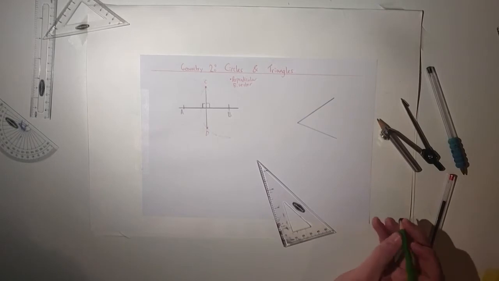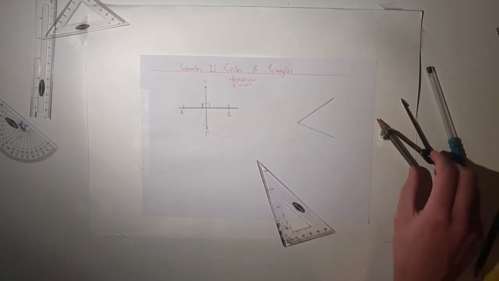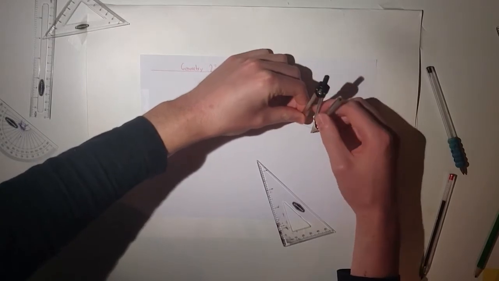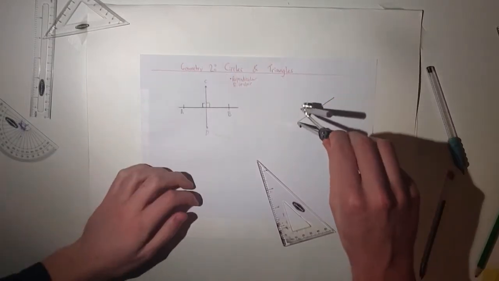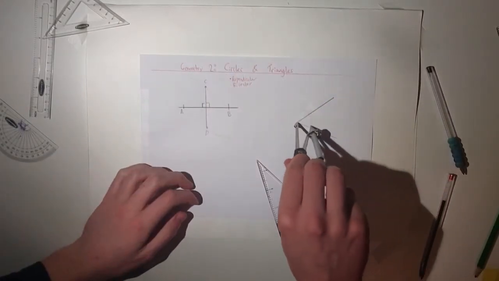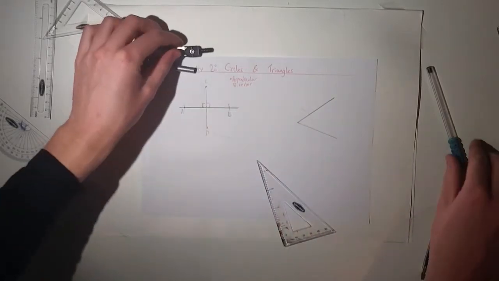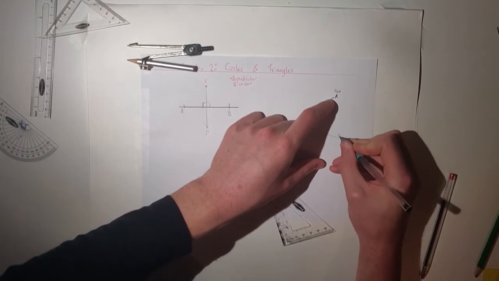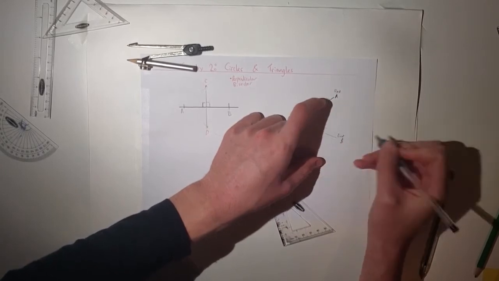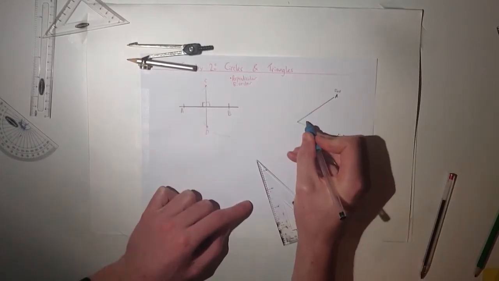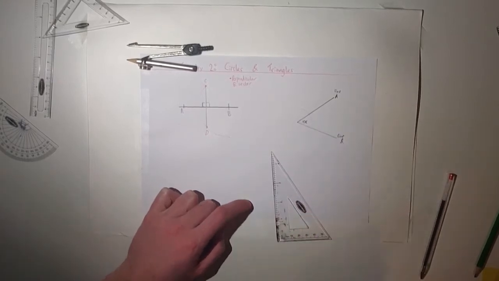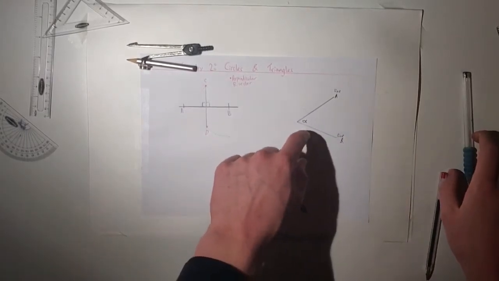So what we want to do is get our compass and measure a small enough arc that hits both lines. So we'll just call this line A, so line A and line B intersect to make this angle here. We'll call it alpha. Doesn't really matter what you call it.